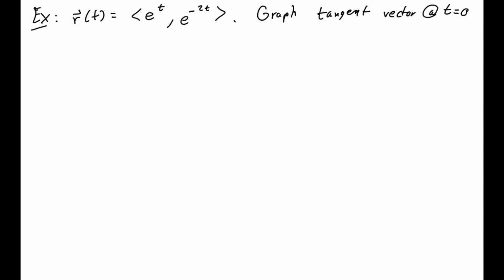Okay, so how are we going to sketch something like this? That should be your first goal. When we're trying to sketch this, I want x equals, y equals, and I want you to think about how you would go about eliminating the parameter. Pause the video, think about it right now. So you'd have e to the t, e to the -2t.